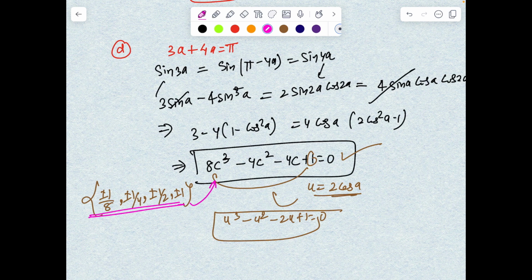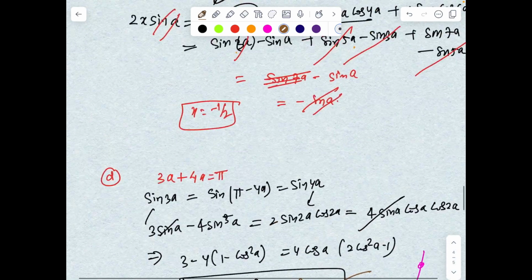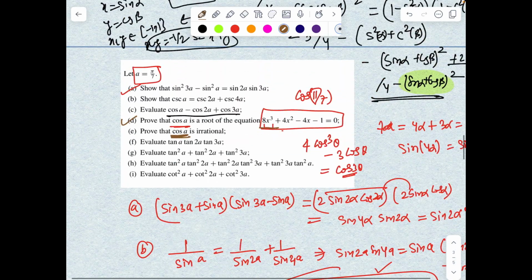Definitely the roots are real, because at least one real root is guaranteed for this equation, because it is a cubic. Even with minus 1 to 1 restricted, the cubic is there because cos is itself changing from minus 1 to 1. Now here cos is not changing because cos is a fixed value. So the root that comes will be a single root and that will be irrational, that is certain. So it just follows from the rational root theorem, okay.